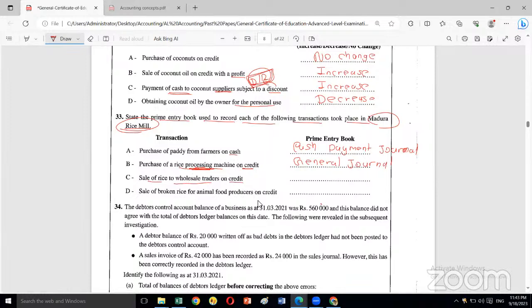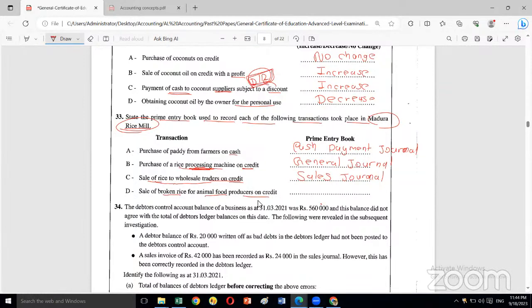Other one, sale of rice to wholesale traders on credit. Credit sales of trading goods we should record under the sales journal. D. Sale of broken rice to animal food producers on credit.